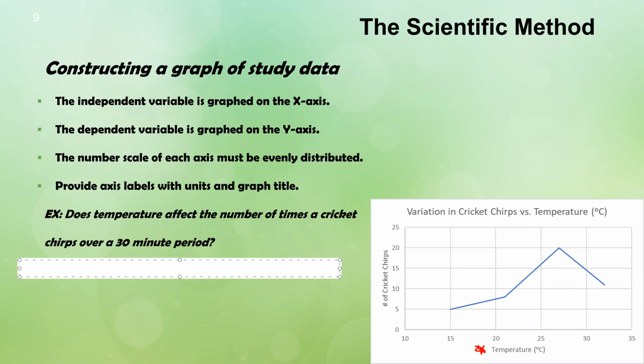I'm going to put a group of crickets, kept at, I can't remember, so 15 Celsius, I can't do the degree. I think I did 22 Celsius, 27 Celsius, and 33. I put Celsius because that's what we use in scientific papers. We never do Fahrenheit. So let's say in this experiment, I have my group of crickets.